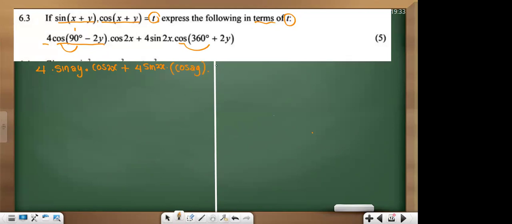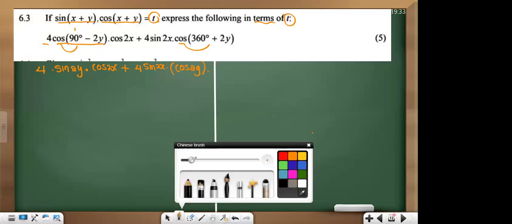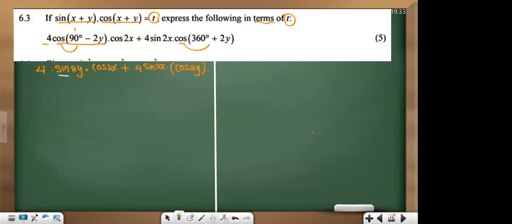That's what I've managed to pick up so far. My dear people, make sure your formula sheet becomes your friend. I see something: sine, cos, sine, cos.